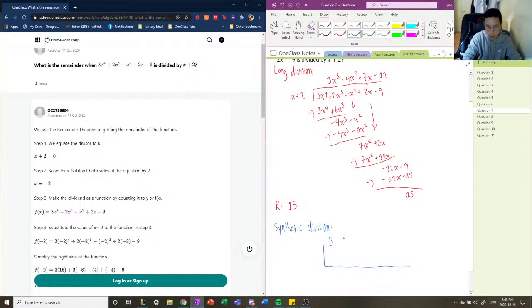So we're going to have 3, 2, -1, 2, and -9. Okay, and this corresponds to x to the power 4, x to the power 3, x squared, x, constant. And instead of taking our divisor as it is, we're going to take the 0 from this divisor. So the 0 from this proposed factor is -2.